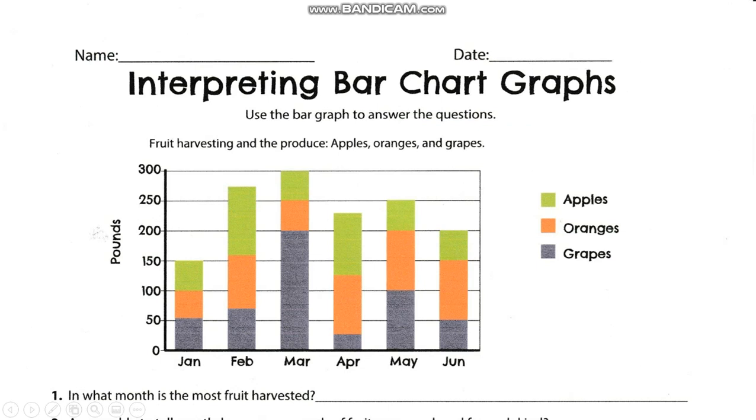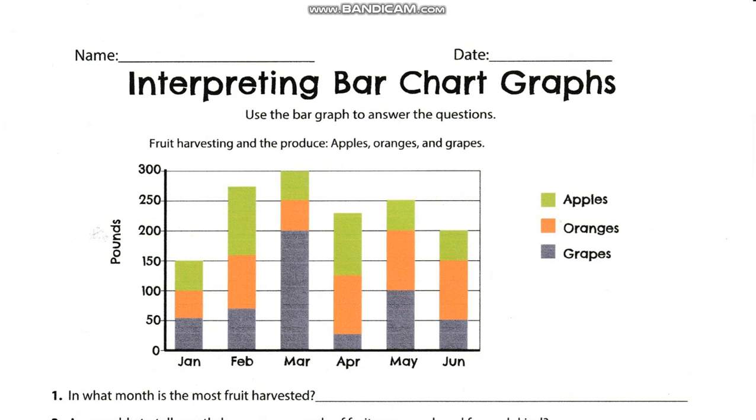Grapes are purple, oranges are orange, of course, and apples appear to be green. So I can look at this chart and tell just by looking at the colors that March is a really good time of the month for grapes. I can make that inference just by looking at this graph.